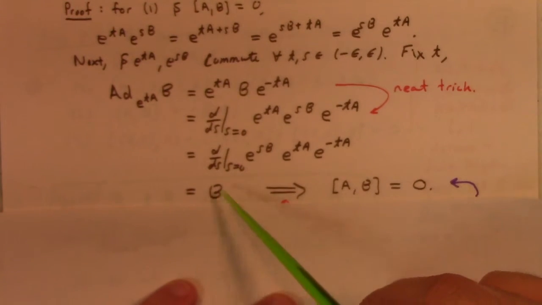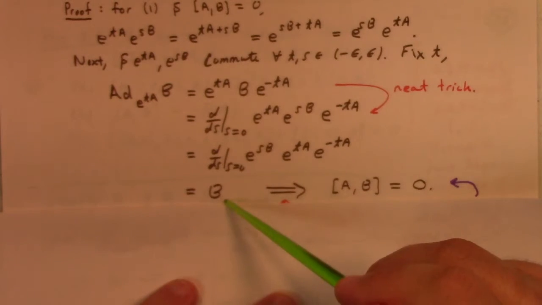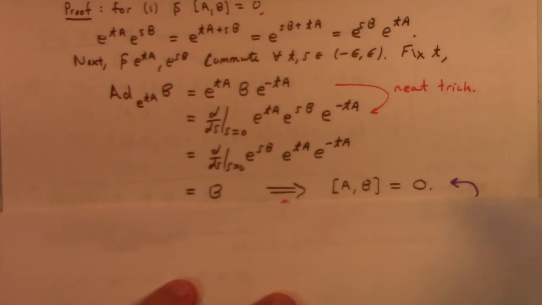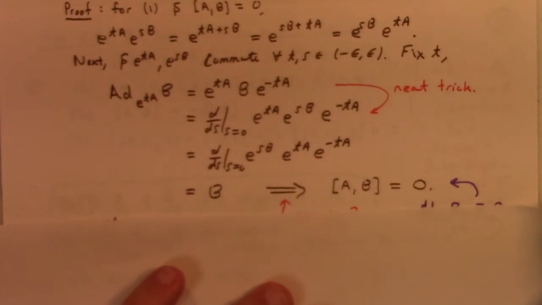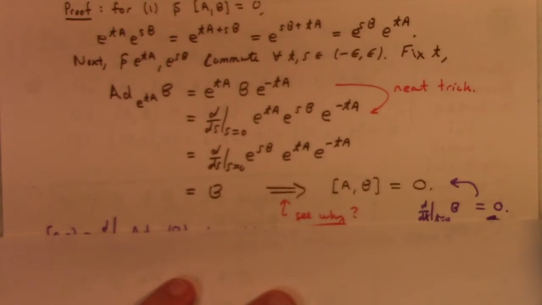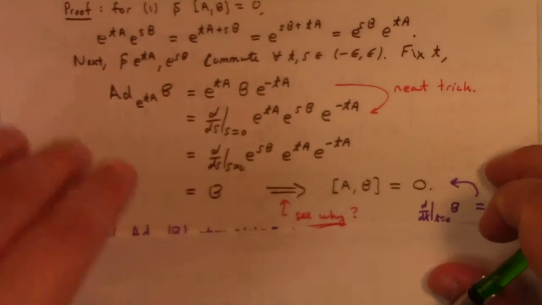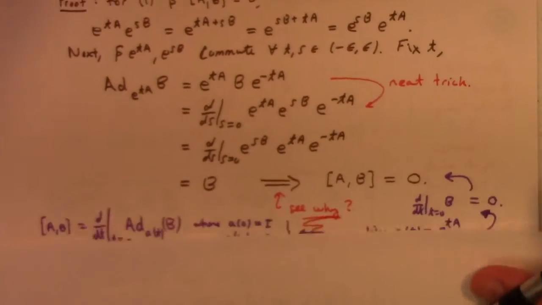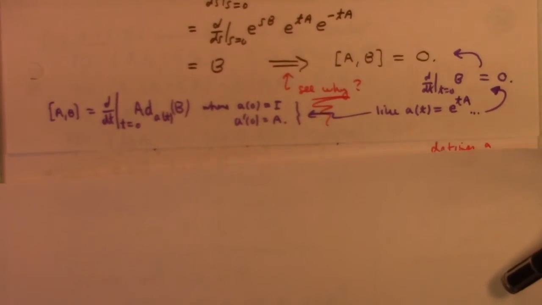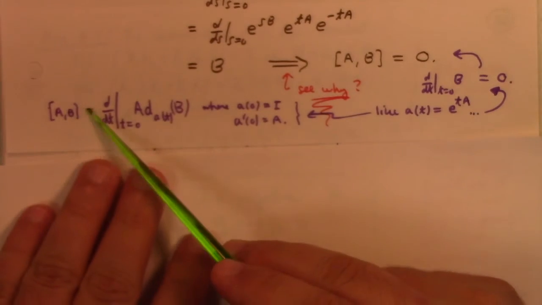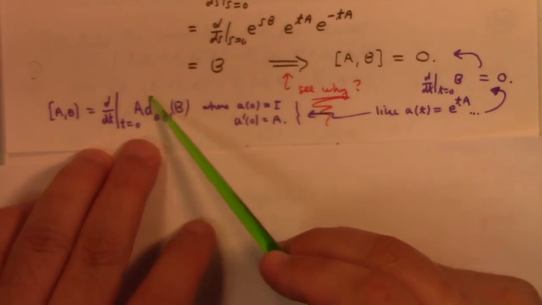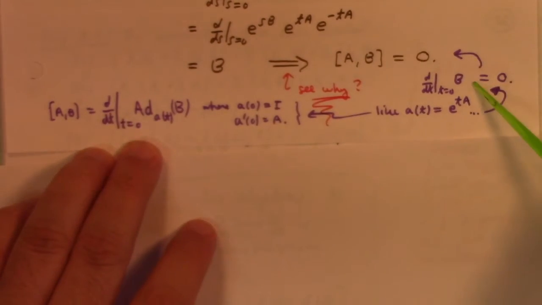That differentiates back to B, and so that then implies that the commutator is just 0. Do you see why? Well, remember the definition. The bracket of A and B is the derivative of this, so if this is just constant, then of course the derivative is 0. All right.